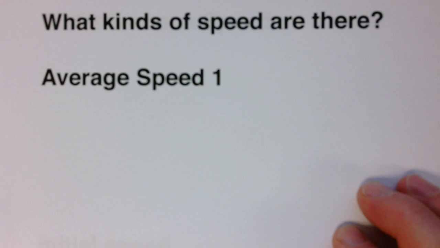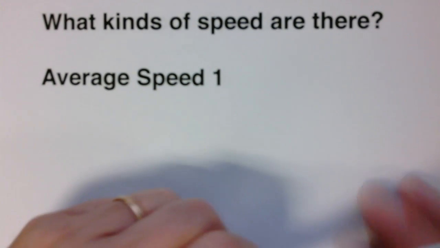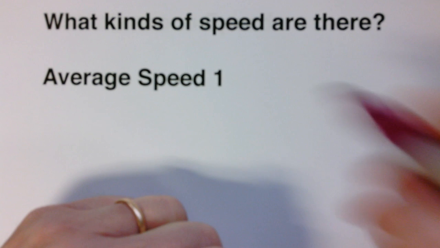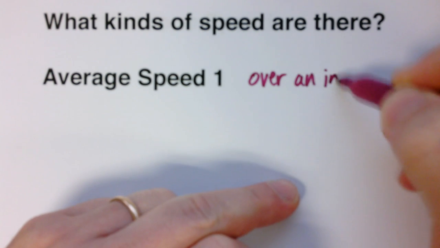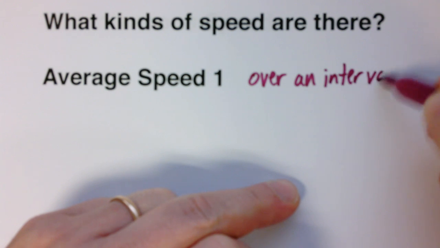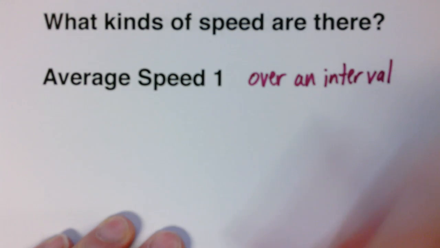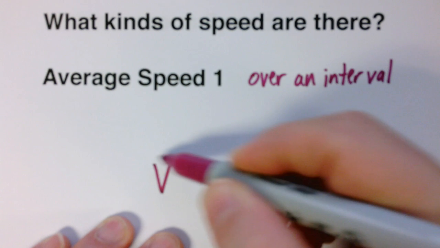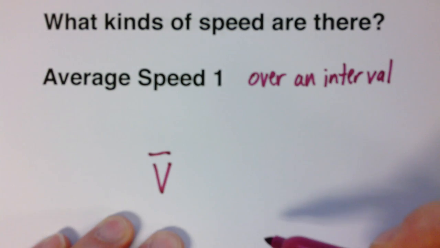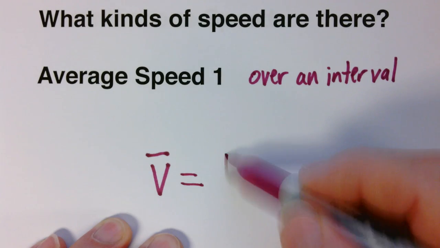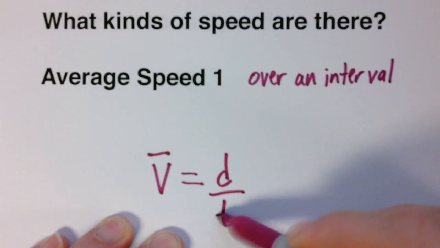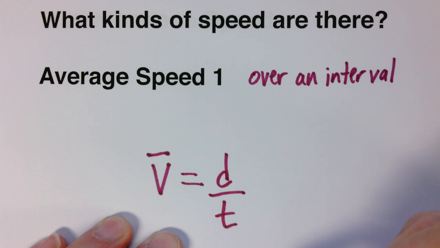In the simplest form, the average speed over an interval is always given by this formula: V bar, which means average speed, equals d over t. The distance traveled over the time it was traveled.